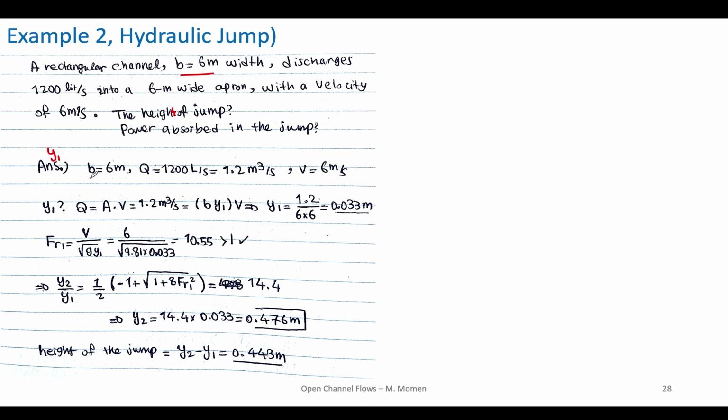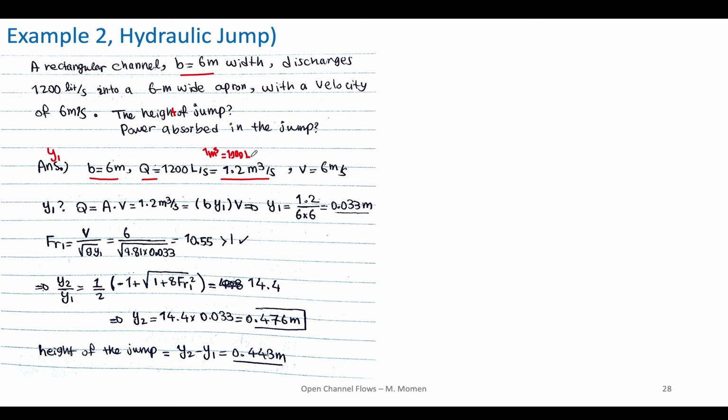So we know the width of the channel. We know Q, the flow rate, which is 1,200 liter per second, which is going to be 1.2 meter cube per second, because if you don't remember, 1 meter cube is 1000 liter.